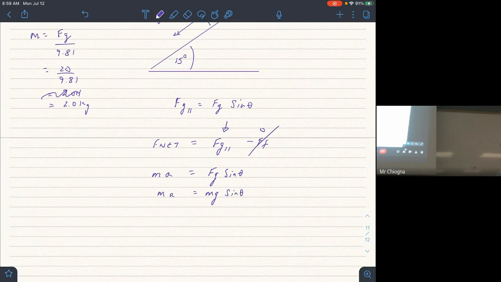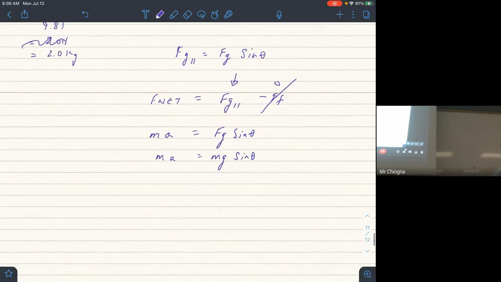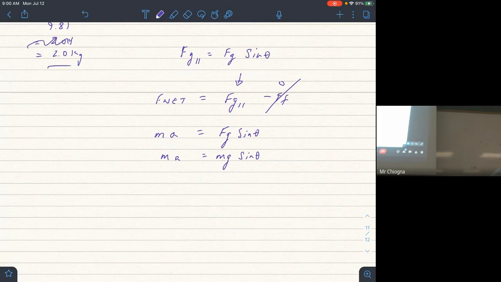Okay, now this doesn't always work. In this case, we didn't even need the mass. The mass is common to both terms on the left and right, so it cancels out.